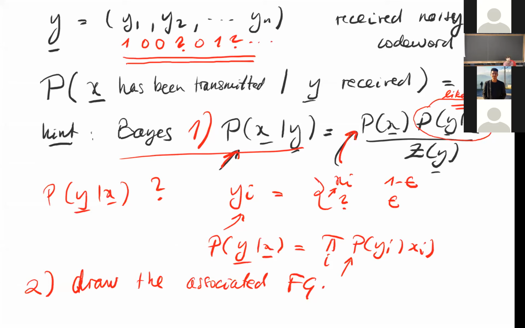So for n variables, so just to write that really with x and y which are generic, not for a specific code, for a generic parity check code. Okay. Given those probabilities, right? Given this model here.